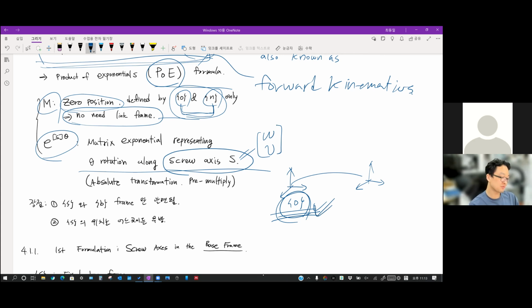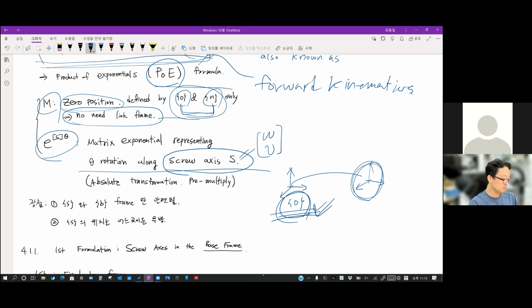When we think about the frame, we don't need to think about the relative configuration or the relative transformation.